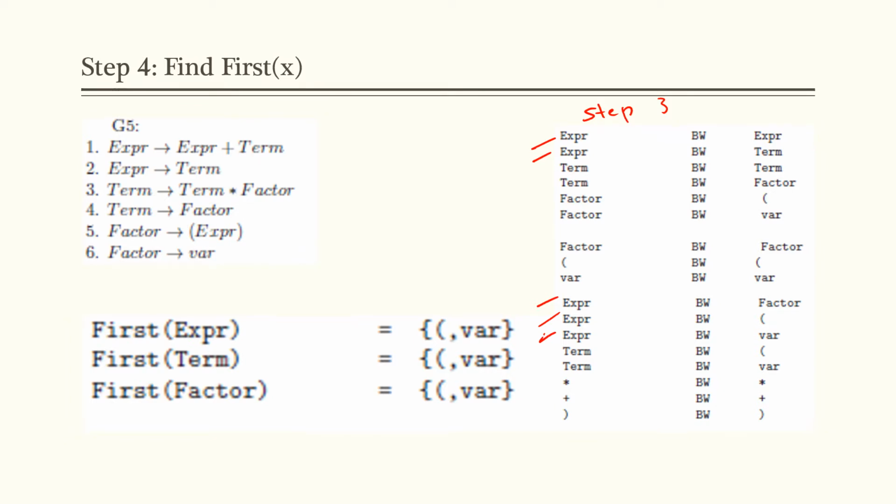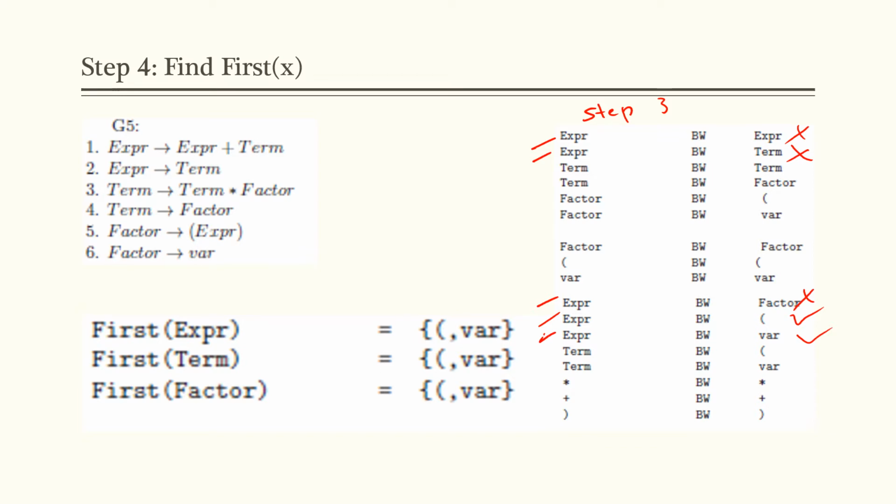Among these 5 pairs, the ones that begin with a terminal are the open bracket and also var. The rest are in the form of non-terminals, so we are not interested in those. So we take open bracket as well as var as the first of expressions.